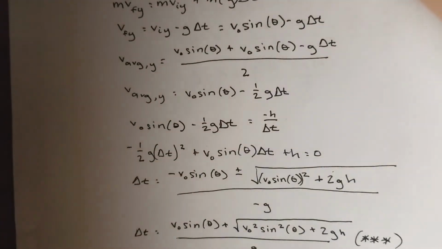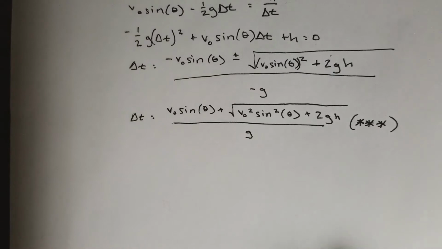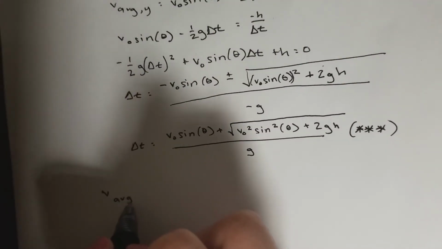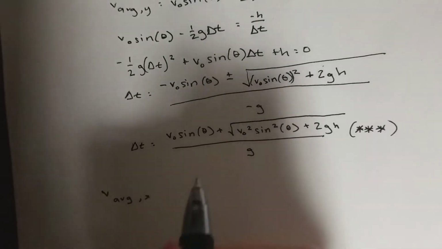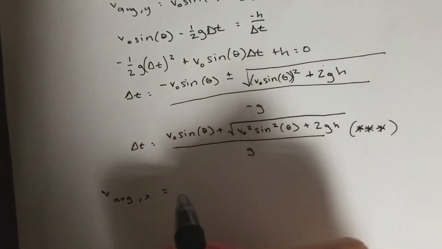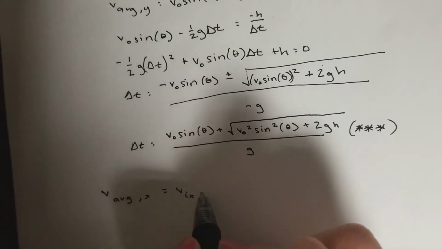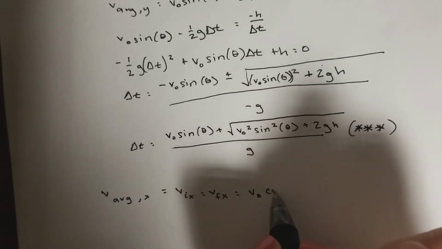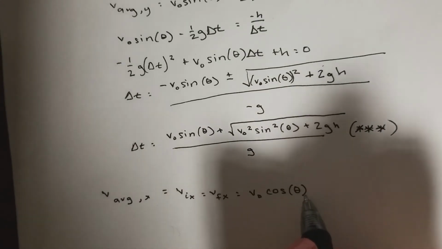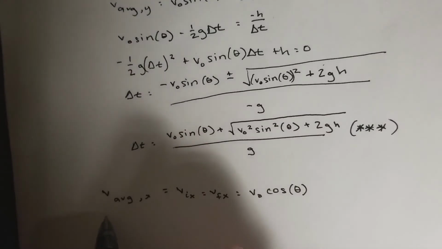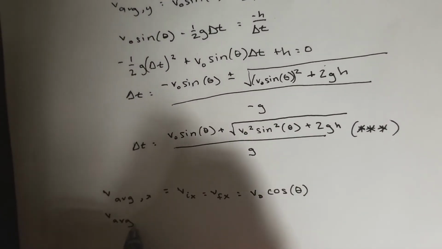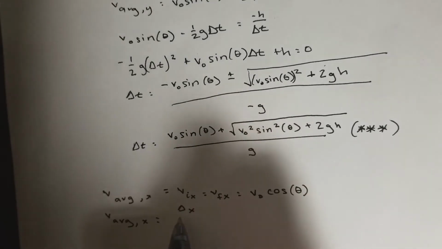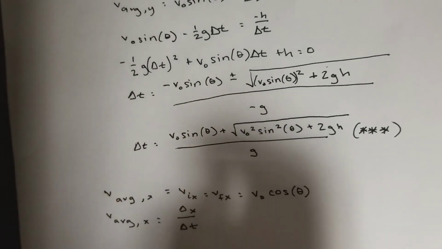And now we're going to consider the x direction of motion, and we're going to say the average velocity in the x direction is constant, and so v initial in the x is equal to v final in the x is equal to v naught cosine of theta. And another formula for the average velocity in the x direction is the change in x over the change in time.